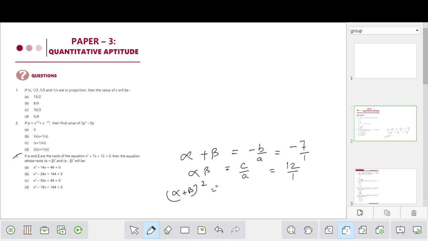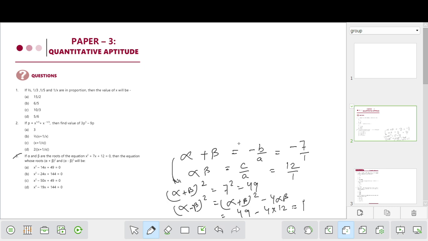So we know alpha plus beta from here. We can put it inside it and get 49, and alpha minus beta whole square, this is alpha plus beta whole square minus 4 alpha beta. Alpha plus beta we know, alpha beta we know. Let's calculate. So this is 49 minus 4 into 12. So this will give 1.